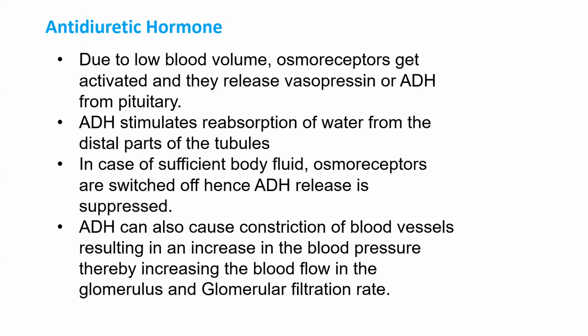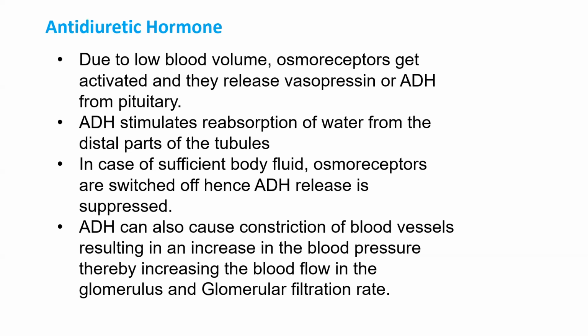And those osmoreceptors get activated and they release vasopressin or ADH, what we call antidiuretic hormone. And this antidiuretic hormone stimulates reabsorption of water from the distal part of the kidney, right?